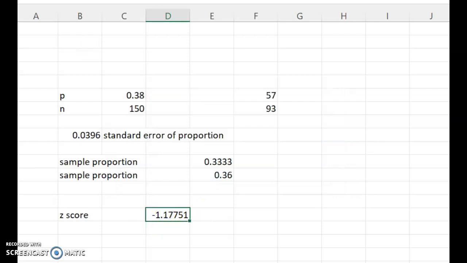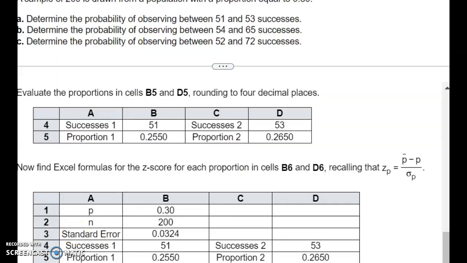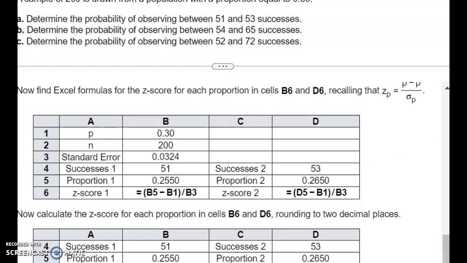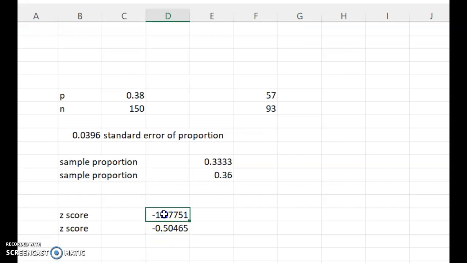Okay, so there is our z-score for the first one, and the z-score for the second one is going to be our sample minus P divided by the standard error of P. Now let's look at our example here. It says to calculate the z-scores rounding to 2 decimal places. So here we're going to do 2 decimal places for both of these.